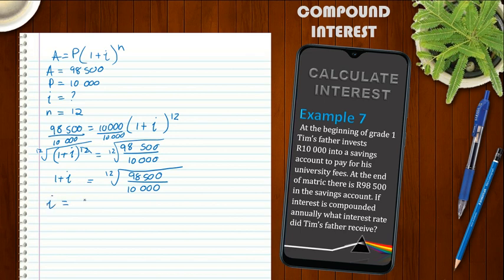So we have i is equal to the 12th root of 98,500 over 10,000 minus 1, and we type it in.